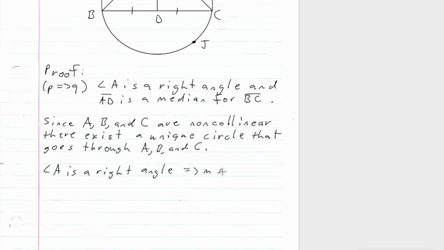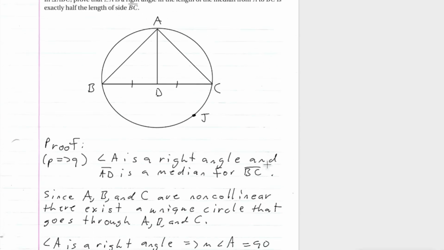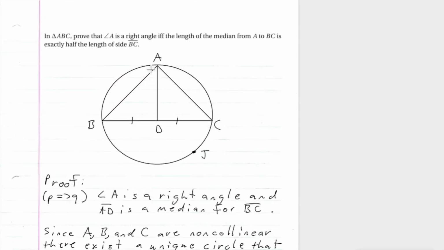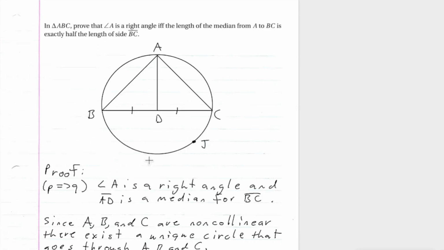All right, so now let's do angle A is a right angle implies that the measure of angle A is equal to 90. We also know angle A is an inscribed angle. So by the inscribed angle theorem, the measure of angle A is equal to half of its corresponding arc, which in this case is arc BJC.